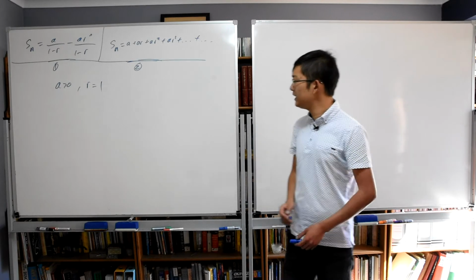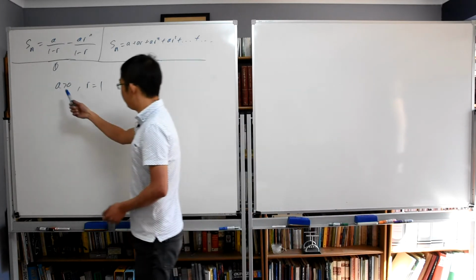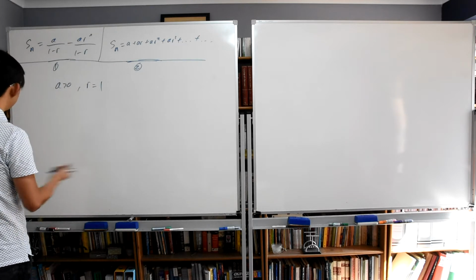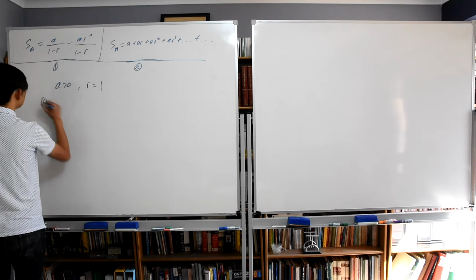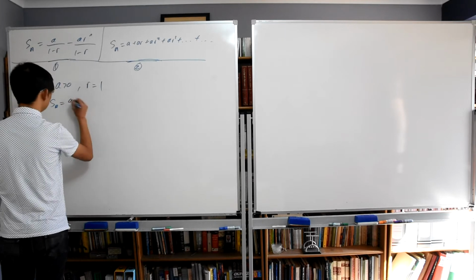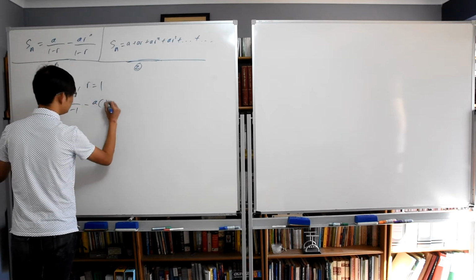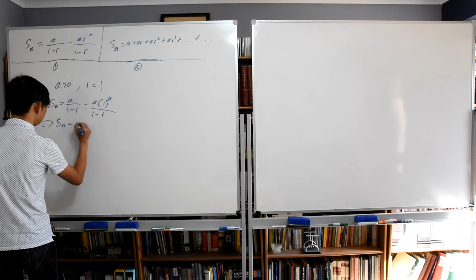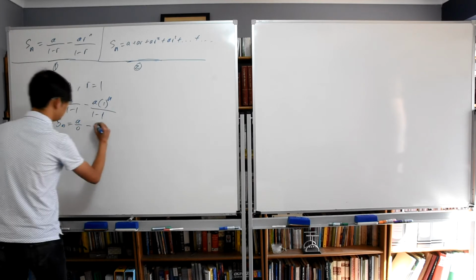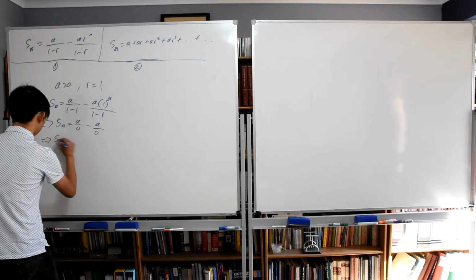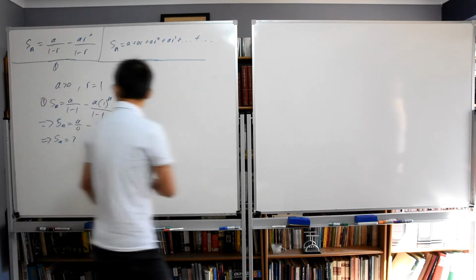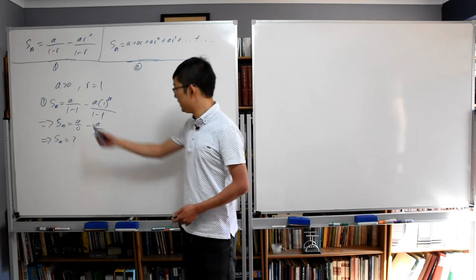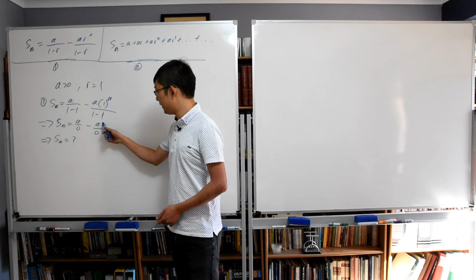Let's carry on and see what happens if our geometric series had the first term being positive and the common ratio being 1. Let's see what happens to the first equation. Well, we're going to see that S infinity is going to be undefined because any number divided by 0 minus another number divided by 0.